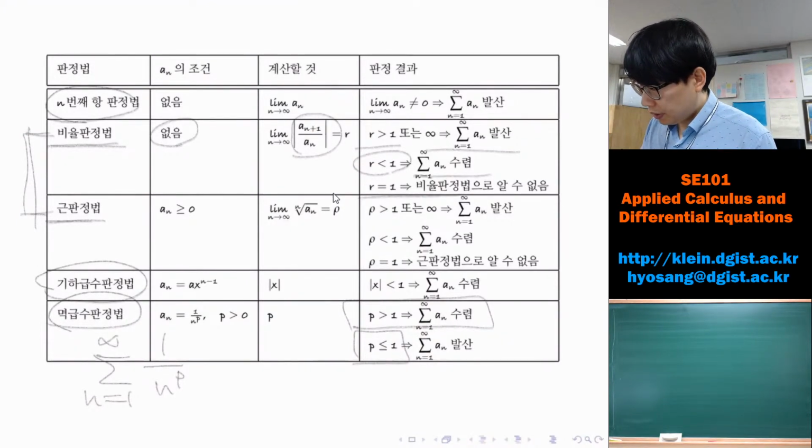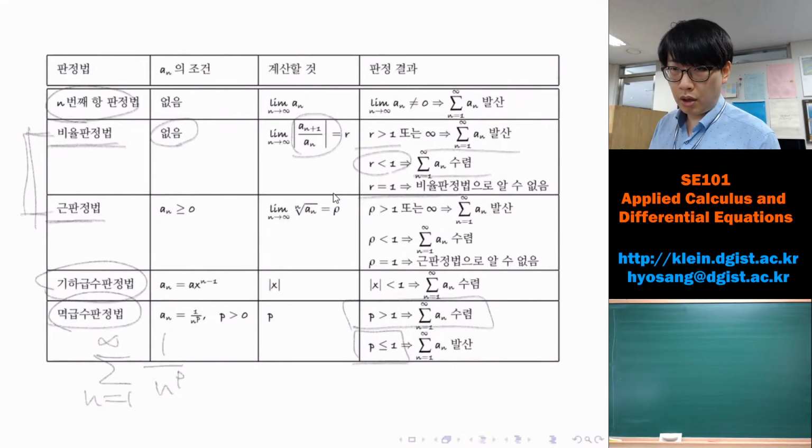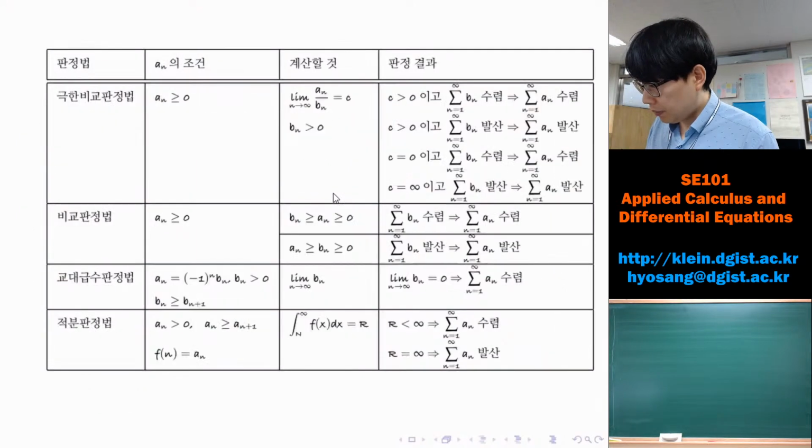So this is not really a test, but almost a fact that this kind of series always converges or diverges depending on the condition on p. If you want to prove this, you can use the integral test on this page.